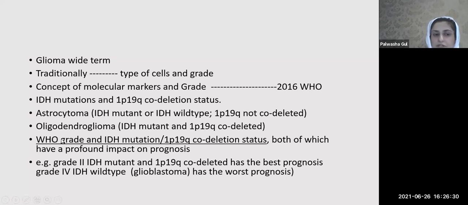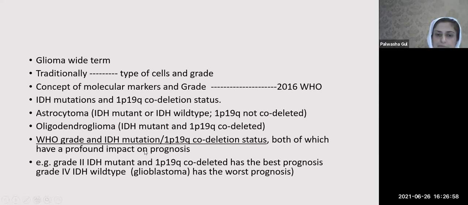Why? Because the WHO grade and the IDH mutation, as well as 1p19q codeletion, both of which have profound impact on prognosis. Let's say if a tumor has IDH mutation and 1p19q codeletion, you should have an idea that you are dealing with oligodendroglioma. And knowing these molecular markers, you can just tell or think that the patient is going to have a good prognosis because the tumor is going to respond well to treatment.